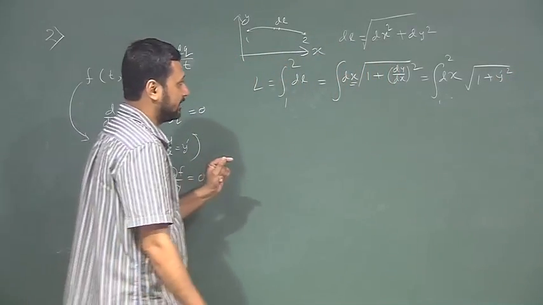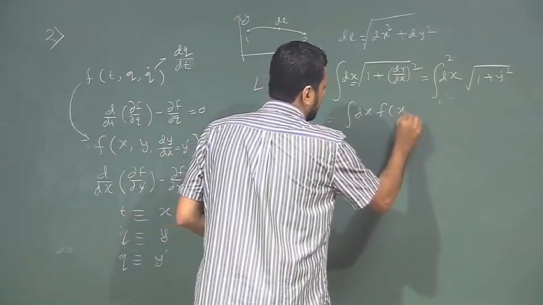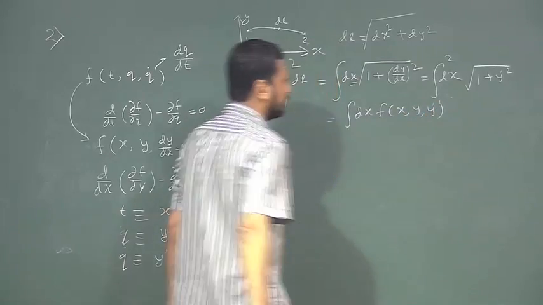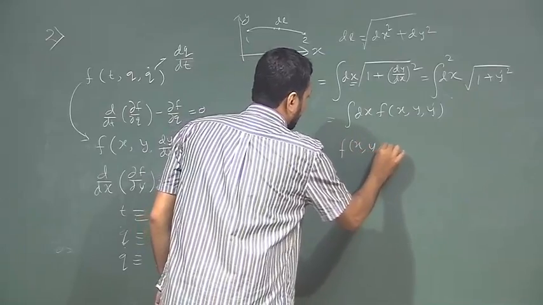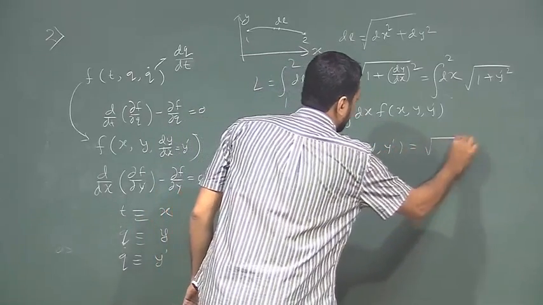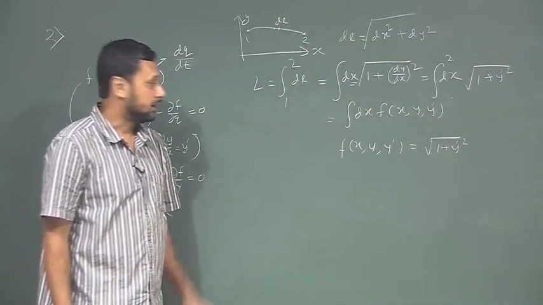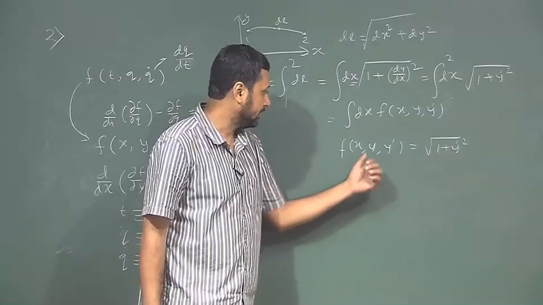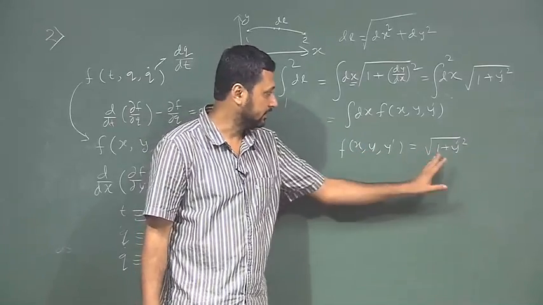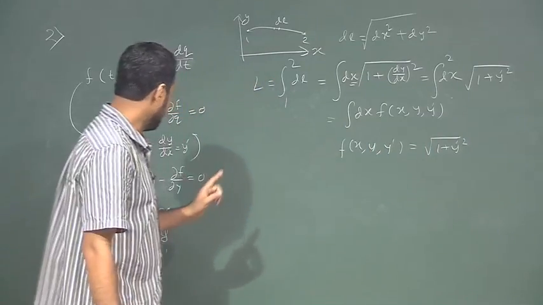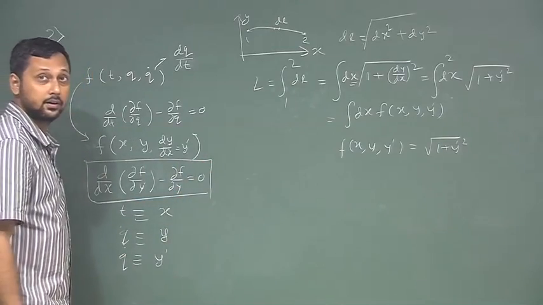So, if this is the case, immediately we can identify this function f, where f of x, y, y prime is equal to root over 1 plus y dash square. Now, this function is not explicitly dependent on x or y, but that is not our problem. This is our function. Now, if this is the function, it will follow this equation.